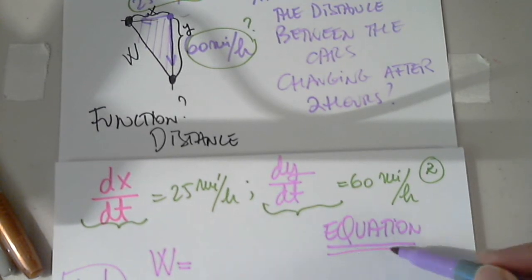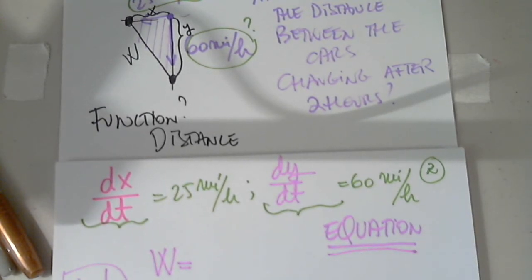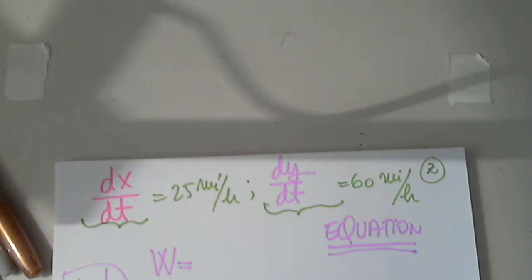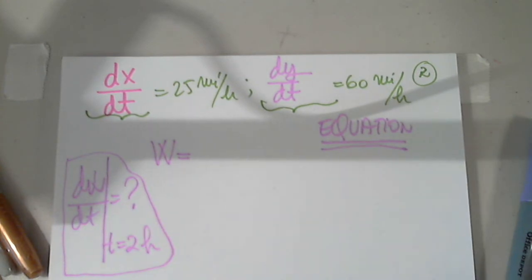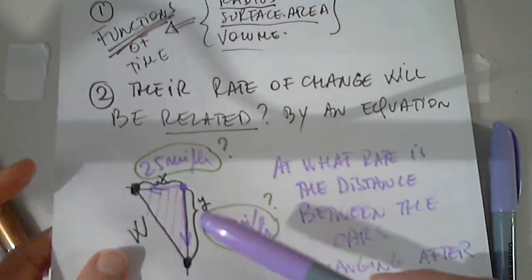But now I need an equation that has W, or some expression that has W in it. What do you think? Is there anything from this triangle that I could write?